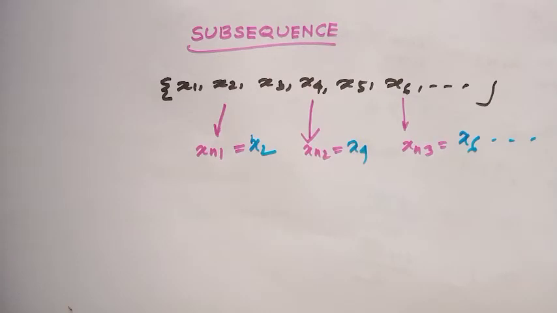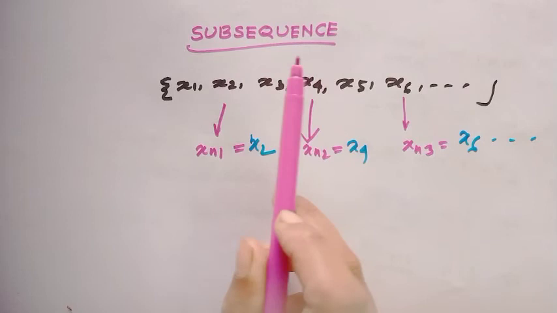Okay? This is a new sequence, just the even indices. And this generates a new sequence out of the original sequence.